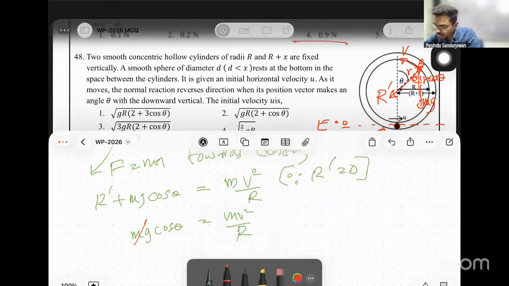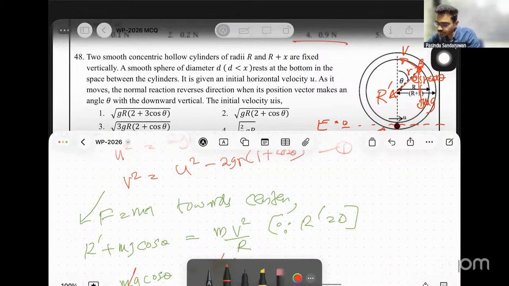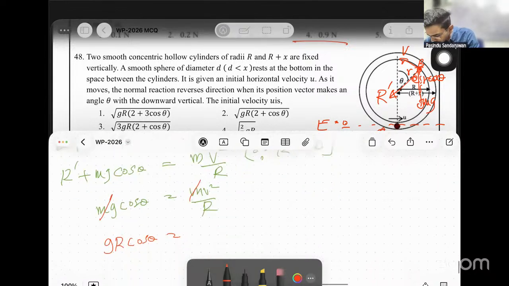Then m cancels. Multiply by r here: gr cos theta equals v squared. V squared was initially proved here: u squared minus 2gr (1 plus cos theta). Simplify.